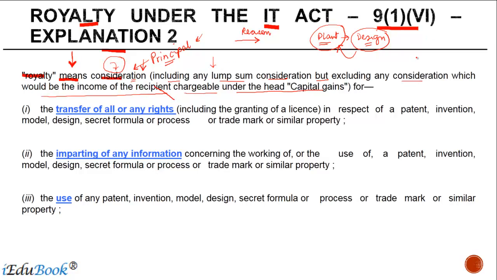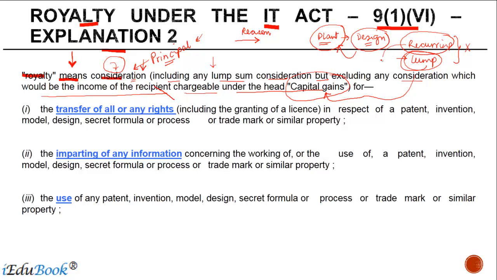The first, whether I make a recurring payment or I get a lump sum payment does not make a difference to the characterization of whether a particular income is royalty or not, right? But whenever there's a lump sum payment, it should not be something which is chargeable to tax under the head capital gains, right?